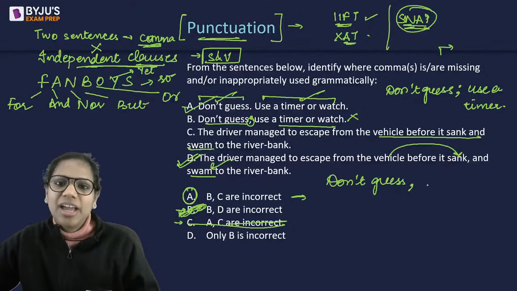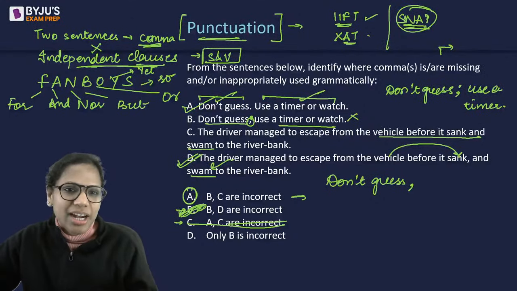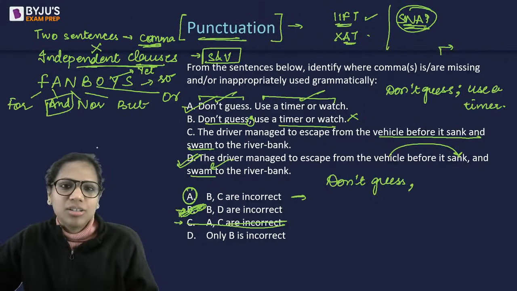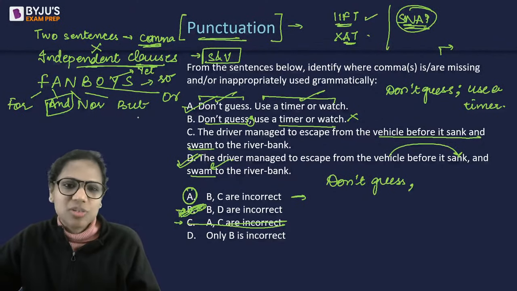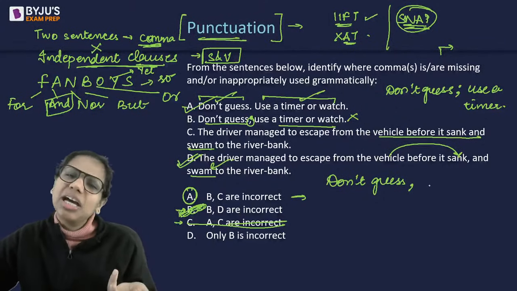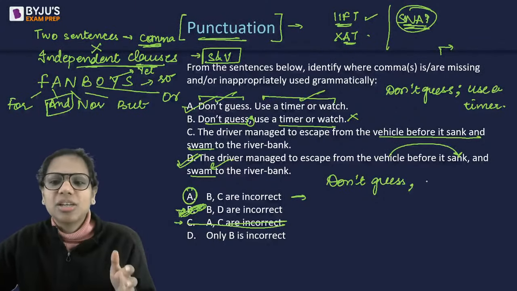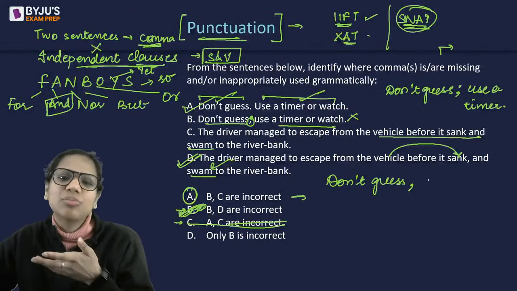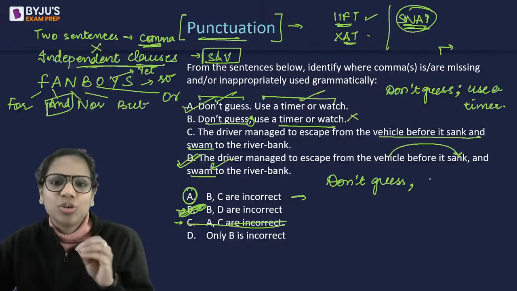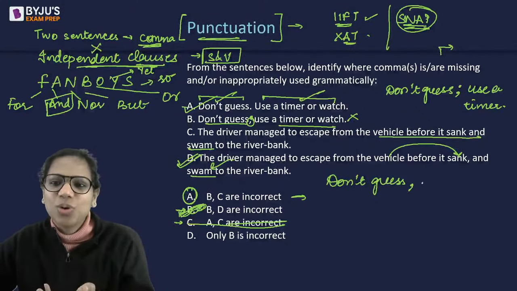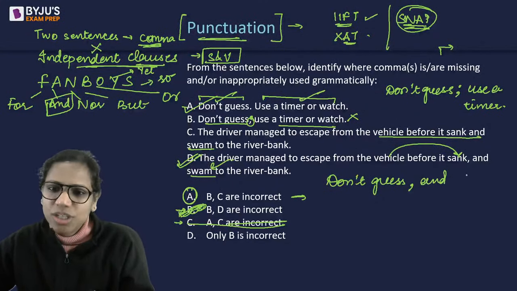Don't guess, but use a timer or watch. Instead, use a timer or watch makes more sense in my opinion. Don't guess and use a timer. That also makes sense. I'm talking about the two things in the same breath. One, don't guess, and two, use a timer or watch. If I want to say that, in that case you can use and.